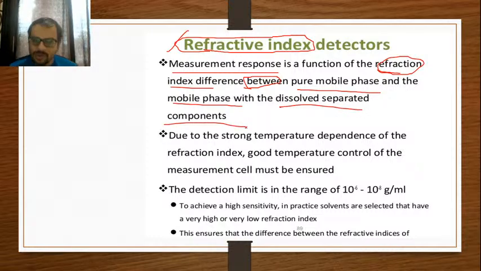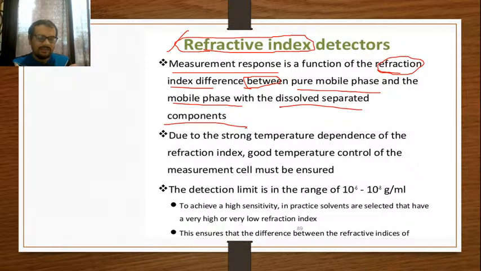Okay. So how are they going to measure the refractive index difference? They calculate it on the basis of first running the pure mobile phase. As we all know, there are 2 components in the RI apparatus, where one, just like our UV cuvette, contains the pure mobile phase and the other carries the flow of mobile phase with dissolved separated components.